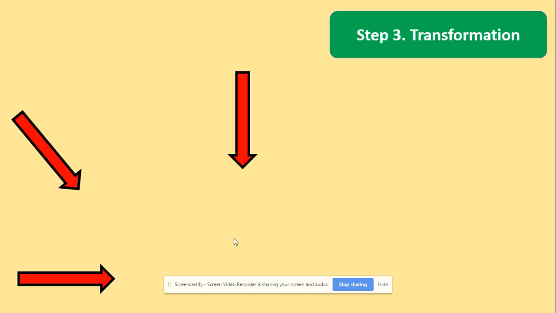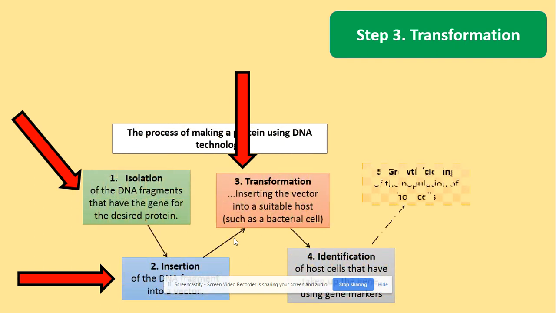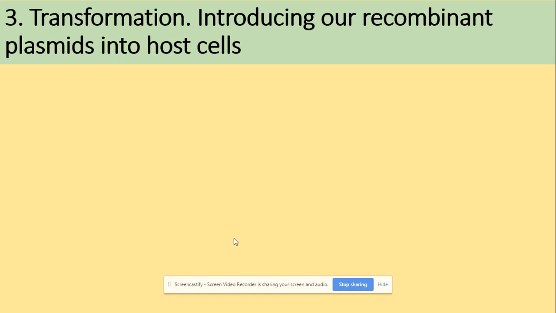So step number 3 is the transformation. We did isolation, insertion, now time for transformation. Transformation is the introduction of this recombinant plasmid that contains our DNA of interest into a host cell. Of course, the host cell, the bacterial cell, has a cell wall which is not permeable to the plasmid.